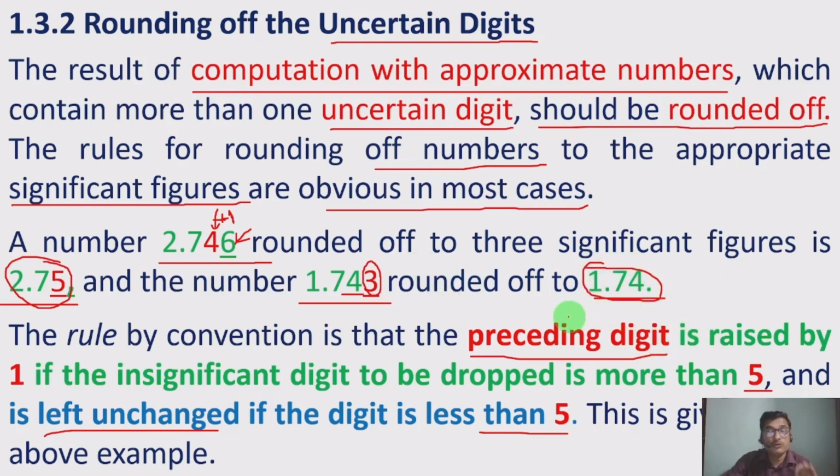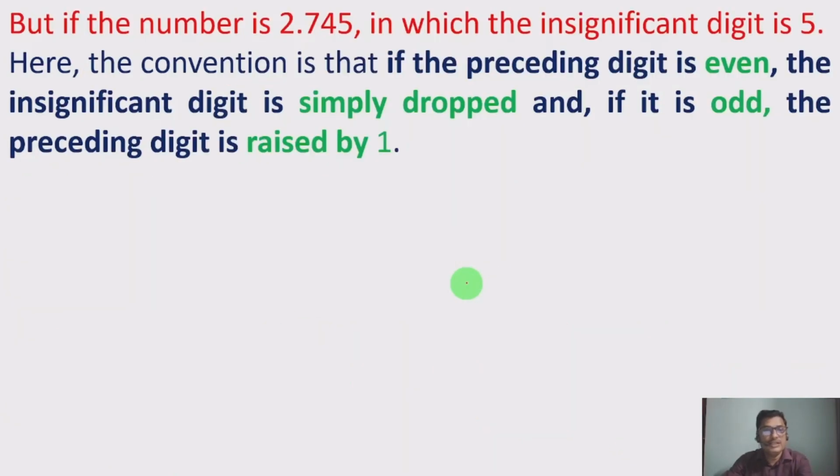That is the rule for rounding off the result by considering whether the insignificant figure is more than 5 or less than 5, as given in the above example. Then next one: if the number is 2.745, the insignificant figure is neither less than 5 nor more than 5.